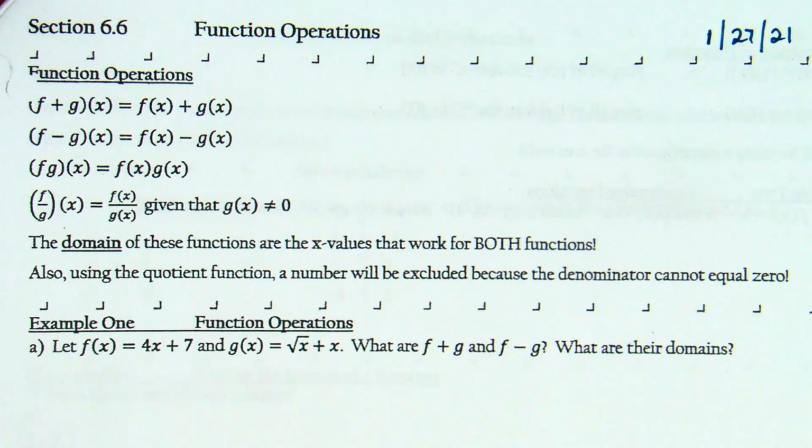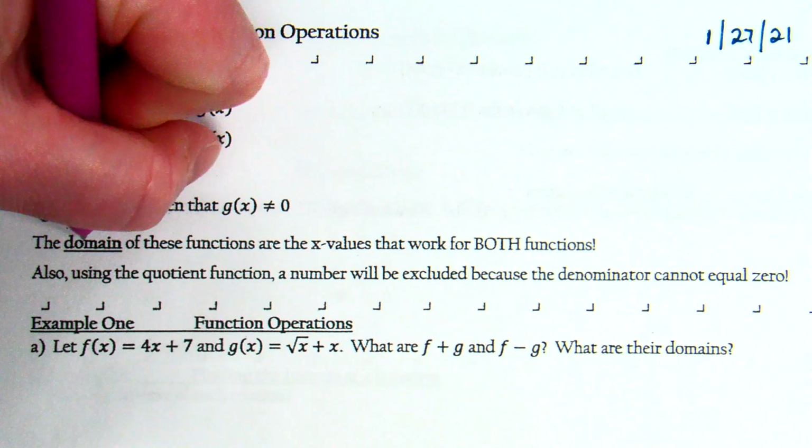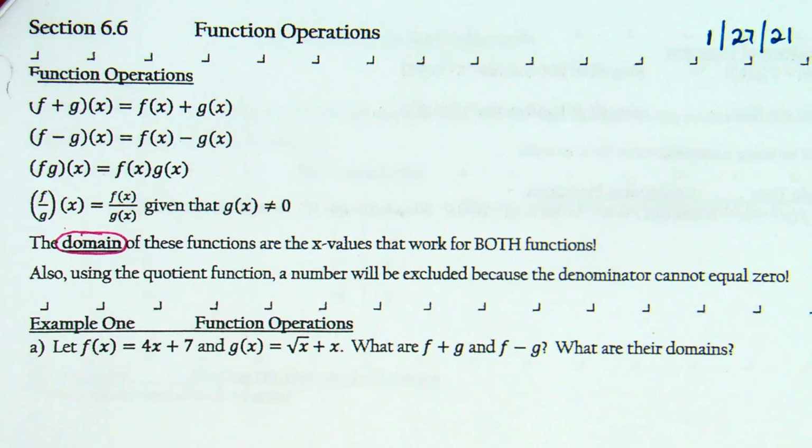Now, a couple of notes here. The domain of these functions are the x values that work for both functions. In all honesty, harder than doing the adding, subtracting, multiplying, dividing is going to be finding the domain. But please remember, domain are x values, right? Domain is x, and they have to work for both functions.